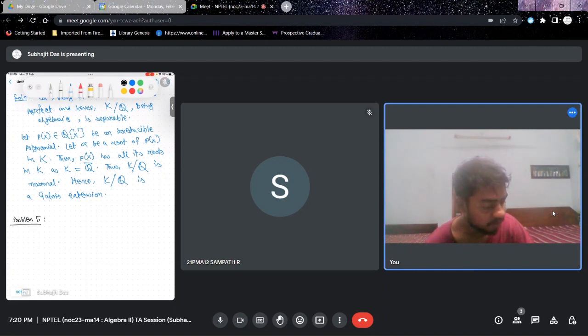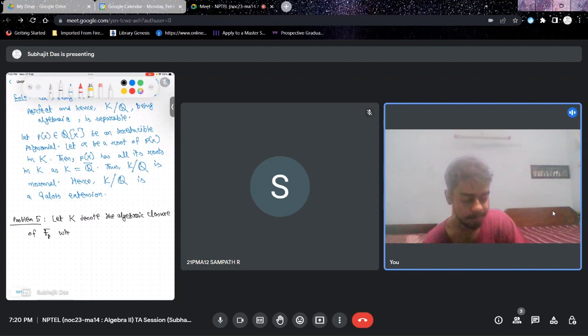So problem 5: let K denote the algebraic closure of F_p, where p is a prime. Then K over F_p is a Galois extension.